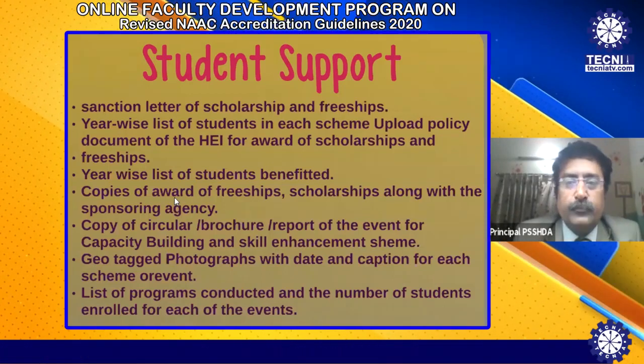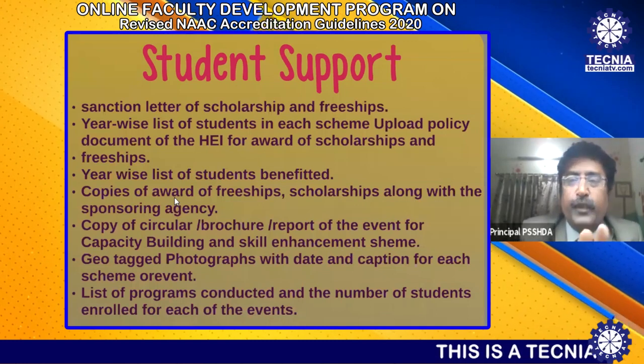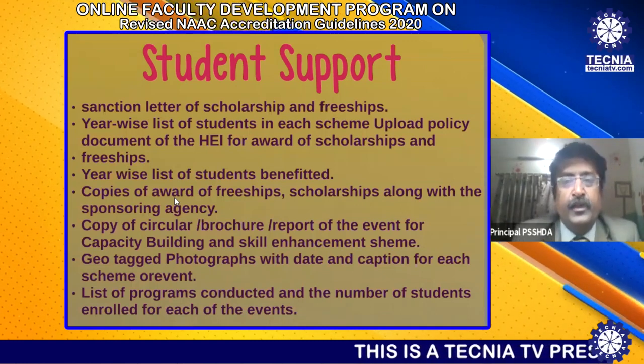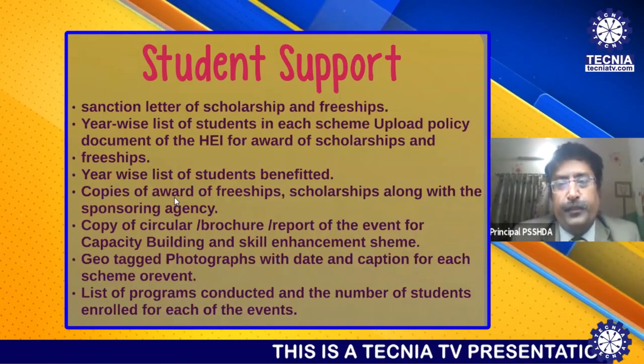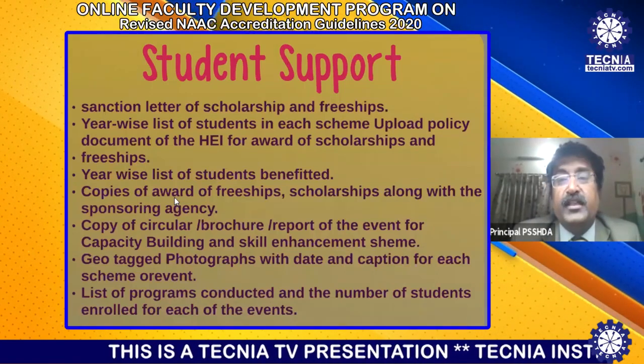So for the first metric, that is student support, this key indicator, we need to keep these documents ready. Number 1, sanction letters of scholarships and freeships from government, and year-wise lists of students in each scheme.